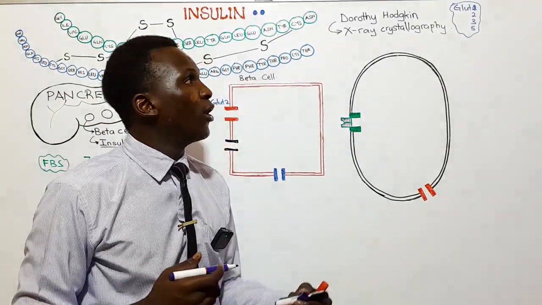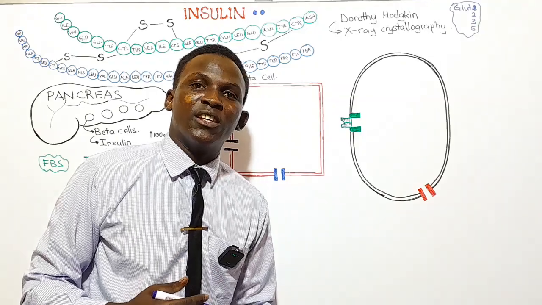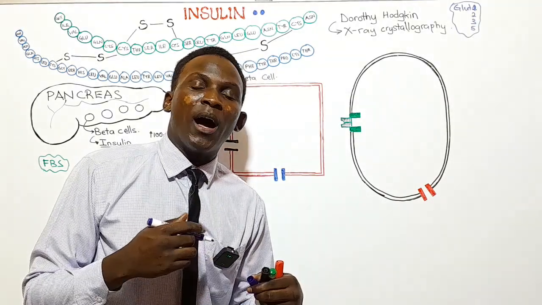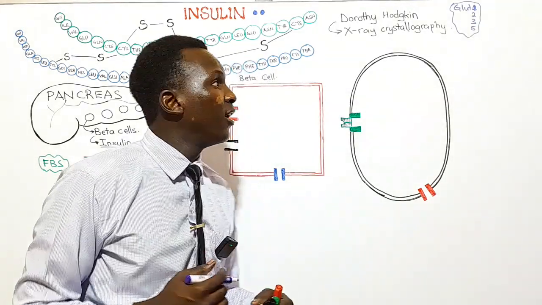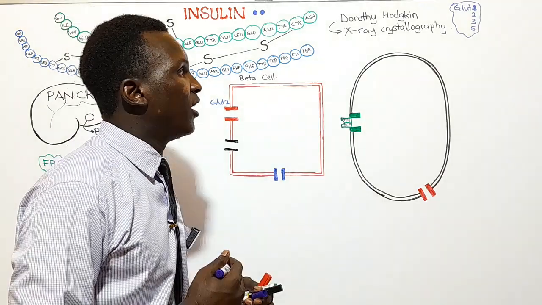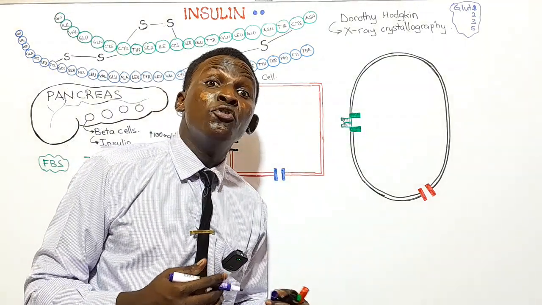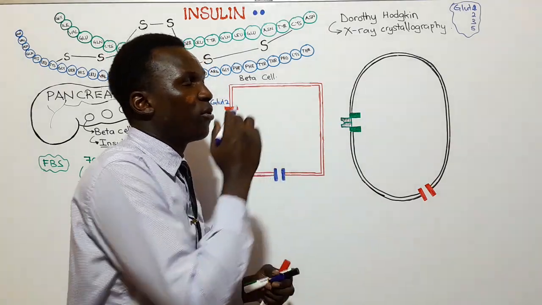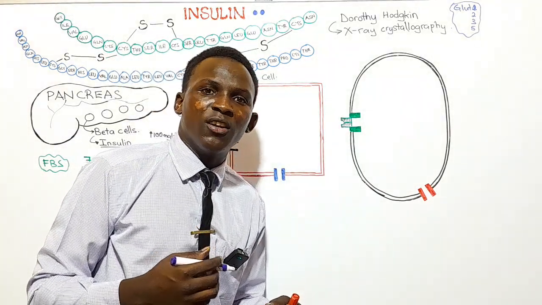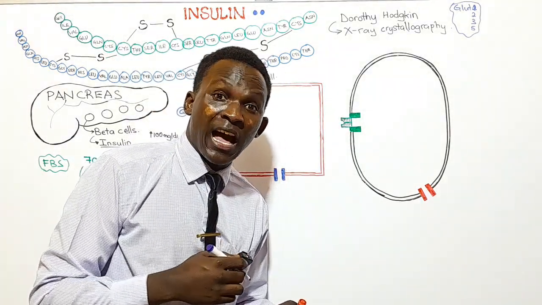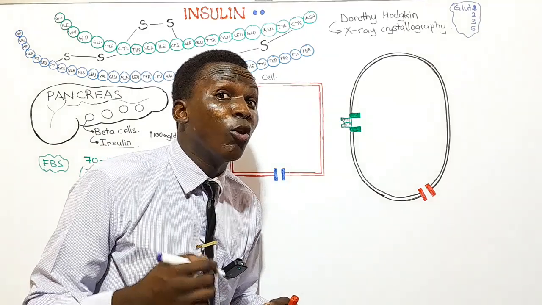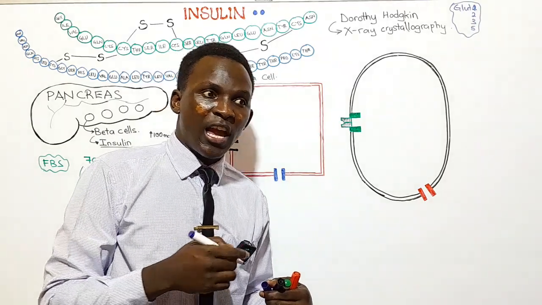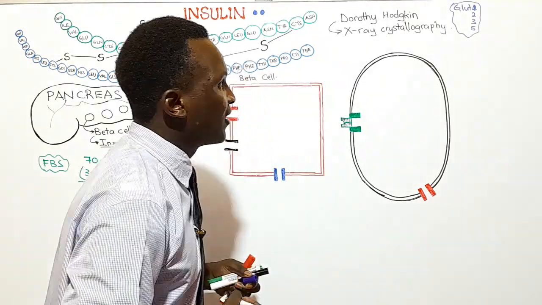GLUT2 is present in the liver and the pancreatic beta cell. GLUT3 is present in the neurons, allowing for entry of glucose into the neurons. GLUT5 is also present in the spermatocytes, allowing for the entry of glucose into the sperms, aiding its movement and other activities.